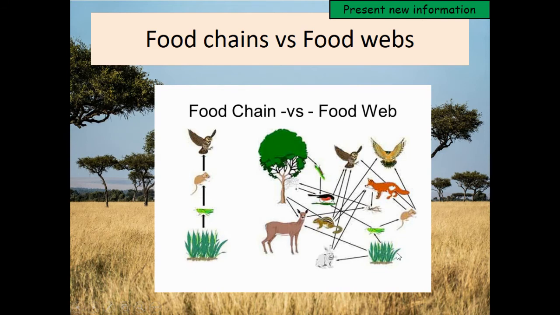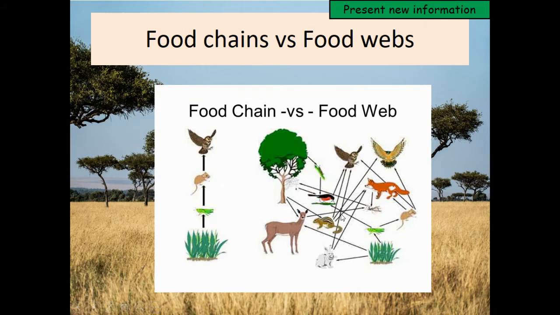But also it could be plant, cricket, mouse, hawk, or mouse, fox. So you've got one here, which is very simple, but then this one is lots of different ones.